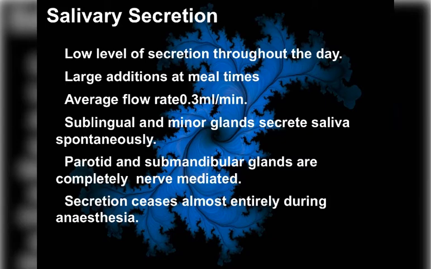So when we administer anesthesia in the region, like if the anesthetic solution affects the submandibular or the parotid gland region, then we expect to have complete stop during the anesthesia period of salivary secretion from the parotid and the submandibular, but not from the sublingual and the minor glands, because these are spontaneous. They are not affected.